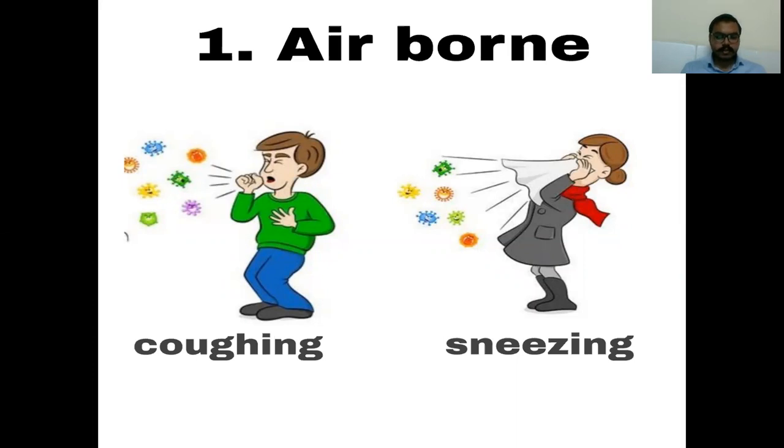Diseases transmitted by droplet spread include whooping cough, measles, mumps, chickenpox, TB, or you can say tuberculosis, influenza, etc. These are some diseases which are spread airborne. And one more example is coronavirus. You can see it spreads in the air also. So we can say coronavirus is an airborne disease.